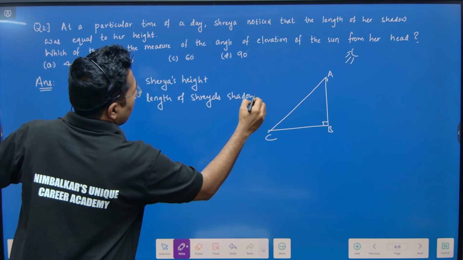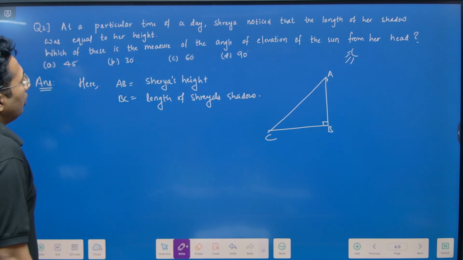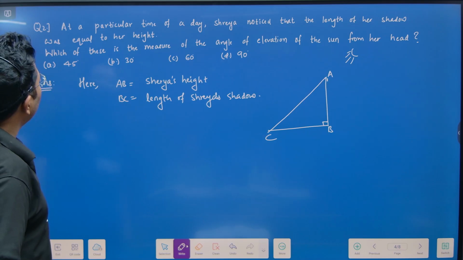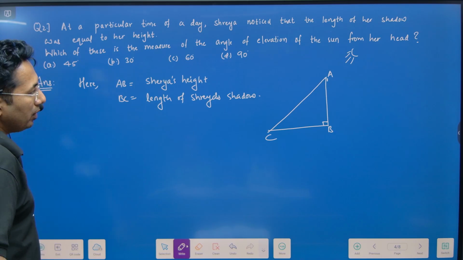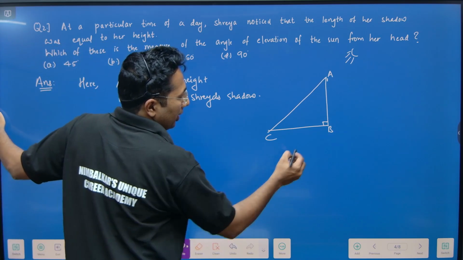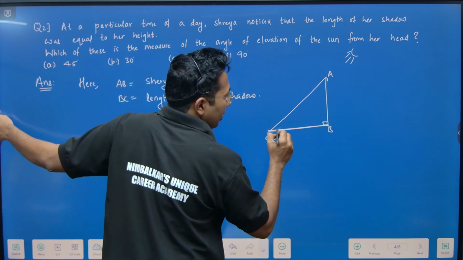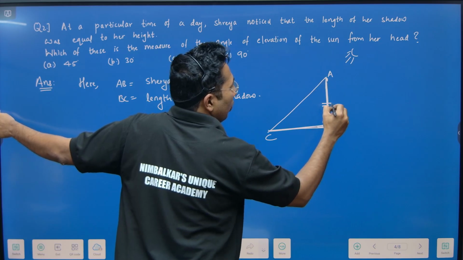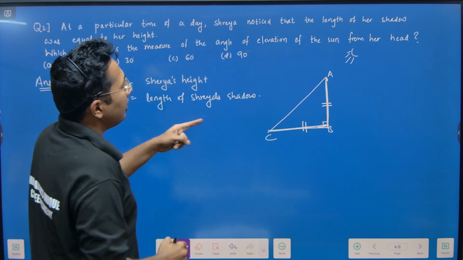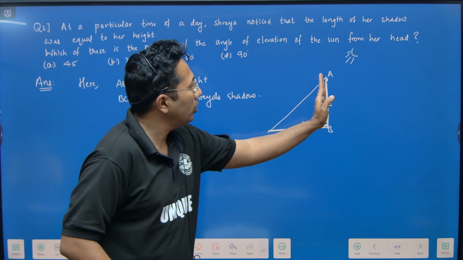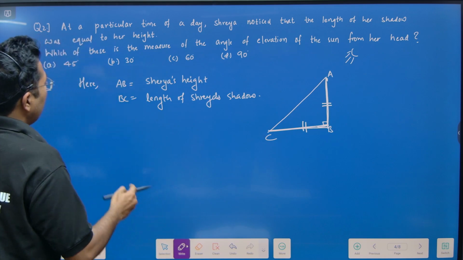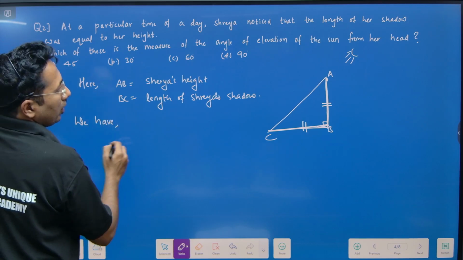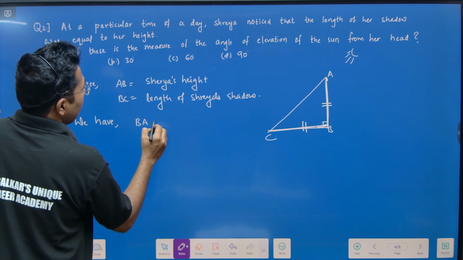Shreya noticed that the length of her shadow was equal to her height. This is the length of her shadow, isn't it? And this is her height. These two sides are equal. The question says the length of the shadow is equal to the height. We have BA is equal to BC, given.